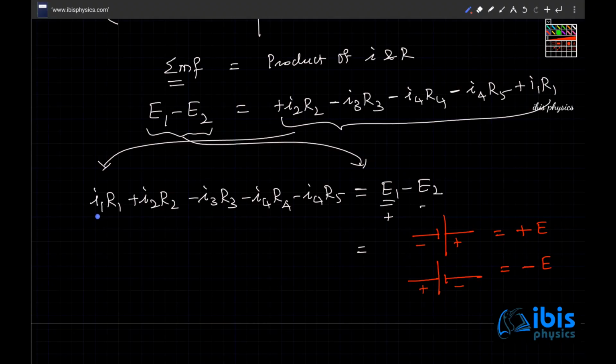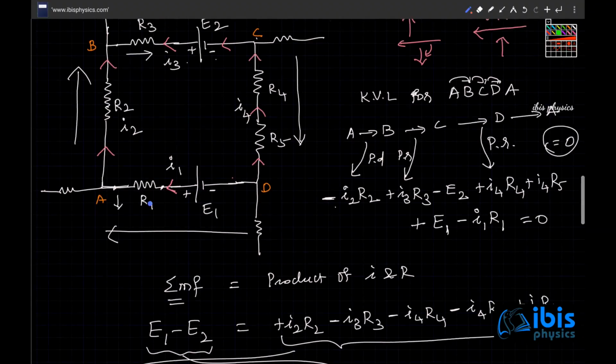Let us look at I1 R1 and I2 R2. For I1 R1, you move in this direction, and the current is also in the same direction. And here, from A to B, for I2 R2, you and the current are in the same direction.